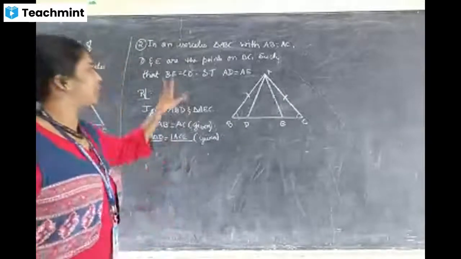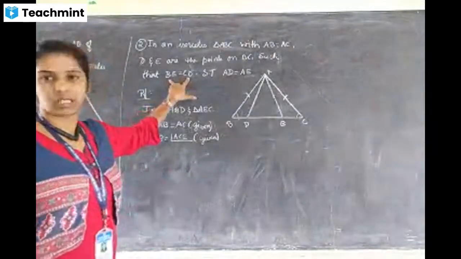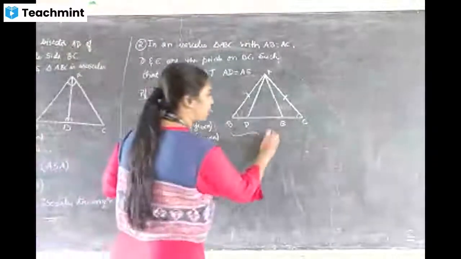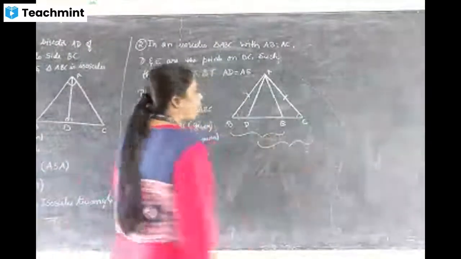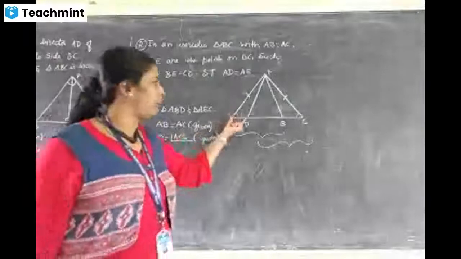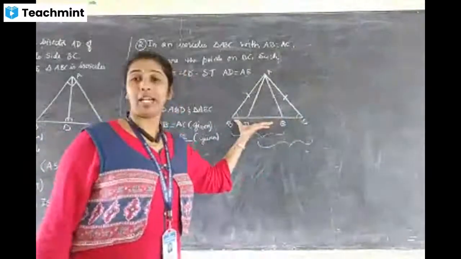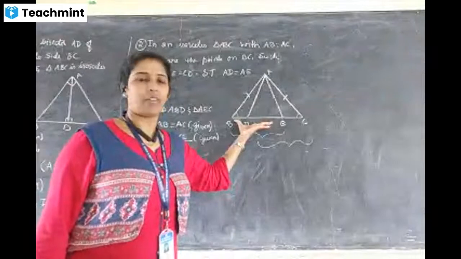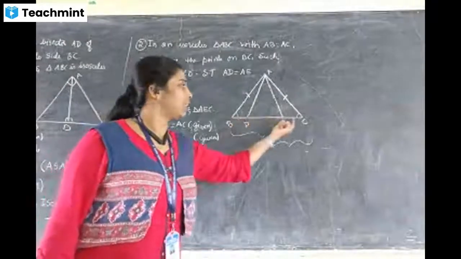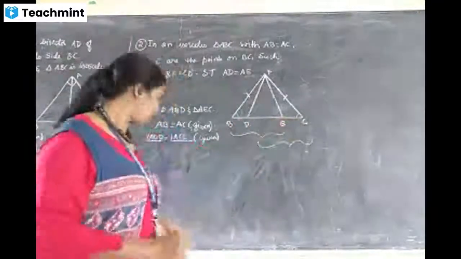One thing is there, that is BE equal to CD. But we know the triangles only cover BD and CE. BE directly will not cover. Isn't it? Only BD and CE we can see. So what can we do?